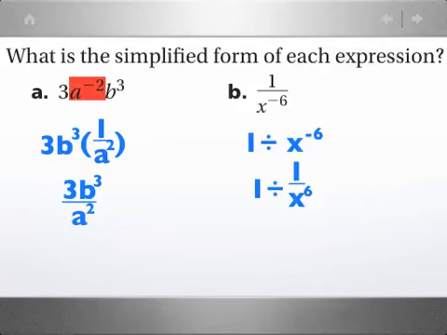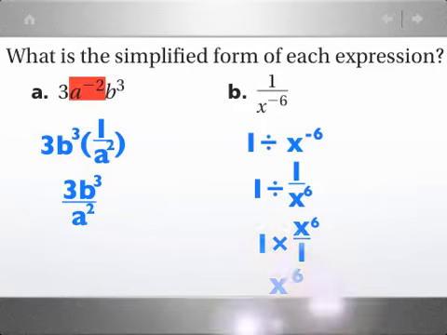If I'm trying to divide by a fraction, remember we have to multiply by its reciprocal. So I'm going to rewrite this as 1 times x to the positive 6 over 1. And when I multiply anything by 1, it just stays itself. So the final answer would be x to the positive 6.